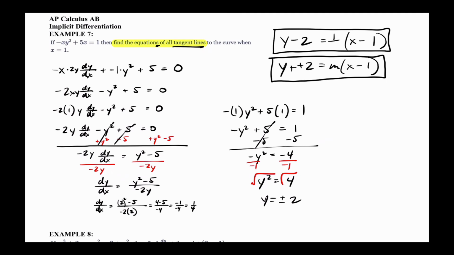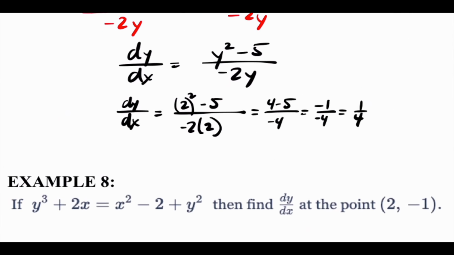That slope goes with the top one, because I plugged in 2. Now I've got to plug in negative 2.